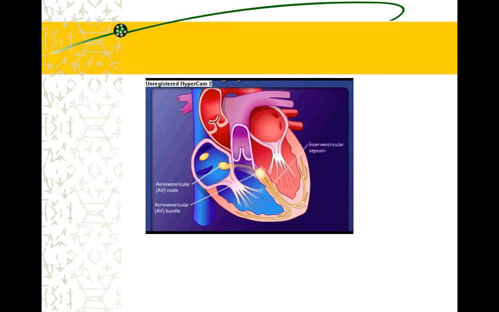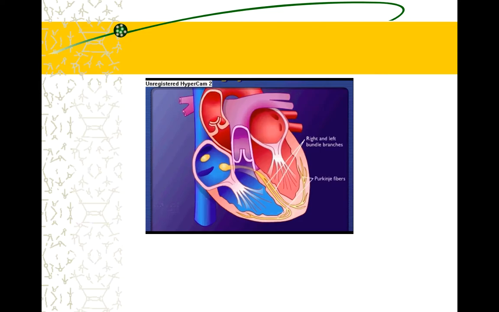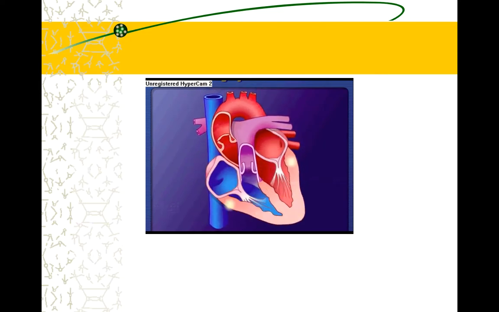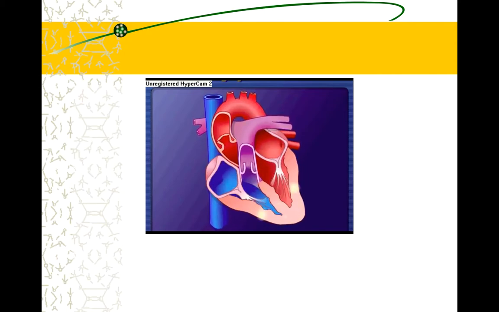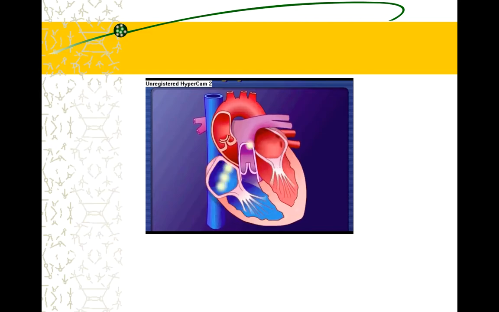The atrioventricular bundle divides into right and left bundle branches, and action potentials descend rapidly to the apex of each ventricle along the bundle branches. Action potentials are carried by the Purkinje fibers from the bundle branches to the ventricular walls. The rapid conduction from the atrioventricular bundle to the ends of the Purkinje fibers allows the ventricular muscle cells to contract in unison, providing a strong contraction.